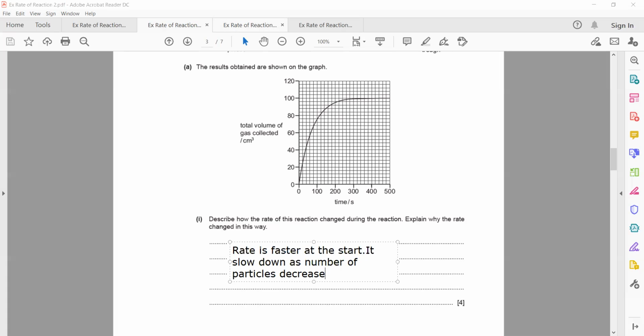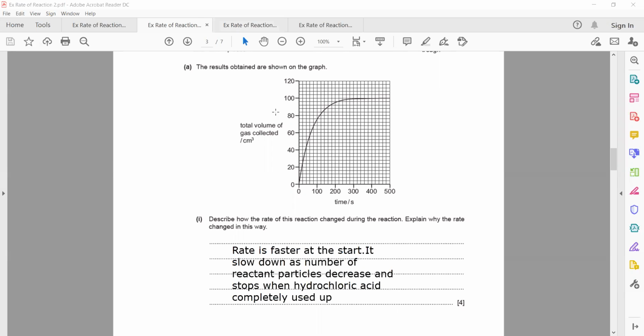The number of reactant particles decreases, and the reaction stops when the hydrochloric acid is completely used up. So the reaction is faster at the start, and slows down as the number of particles decreases, and eventually stops as all of the hydrochloric acid is used up.